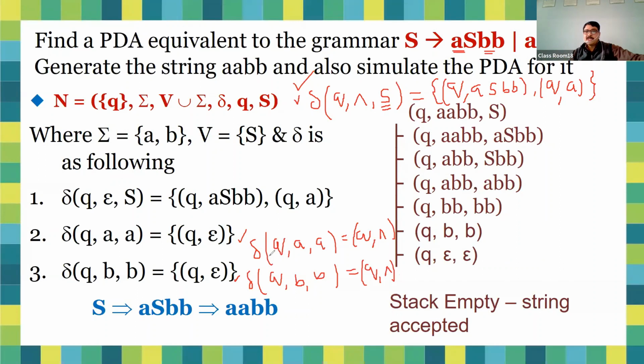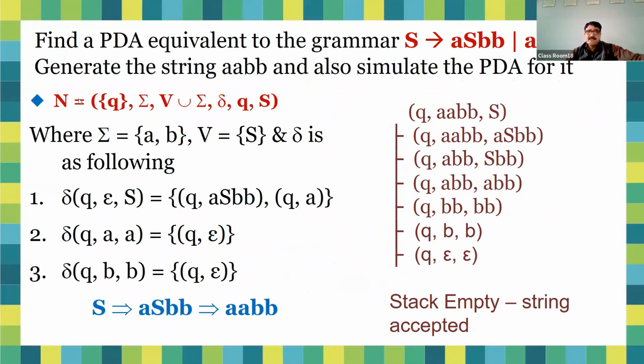the PDA equivalent. Now our objective is to write the complete PDA. All right. So how can we write it? As we know, a PDA can be represented by using 7 tuples. Just see the set of states, that is Q. Only Q is there, right? So you can write here Q. If suppose Q1, Q2, Q3 were there, then you should write here Q1, Q2, Q3.